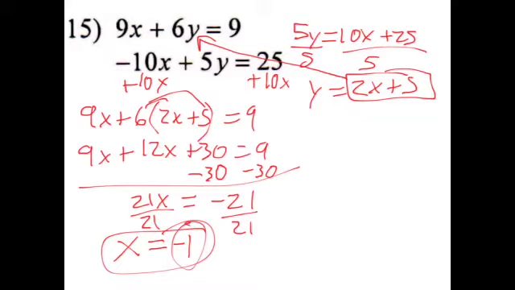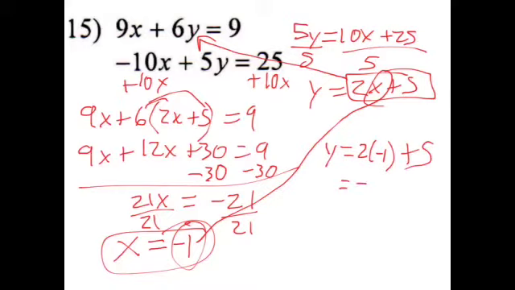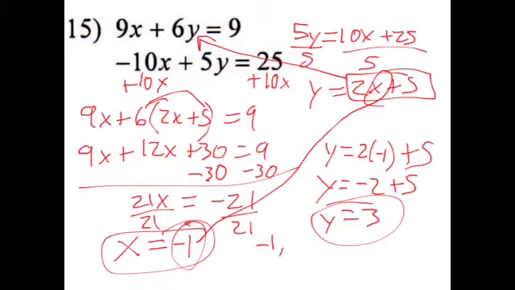I'm going to take that negative 1 and put it in my other equation. So I'm going to get y equals 2 times negative 1 plus 5. Well, 2 times negative 1 is just negative 2. Add 5 to that, that'll give you 3. So y is 3. And that's my other variable. Altogether they make (negative 1, 3), and that's going to be my answer.